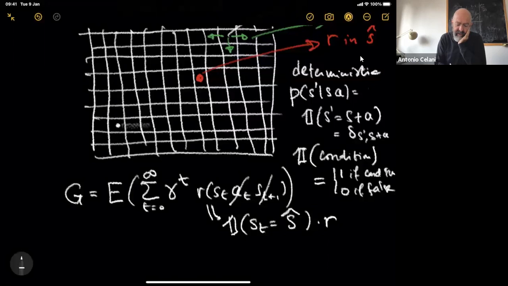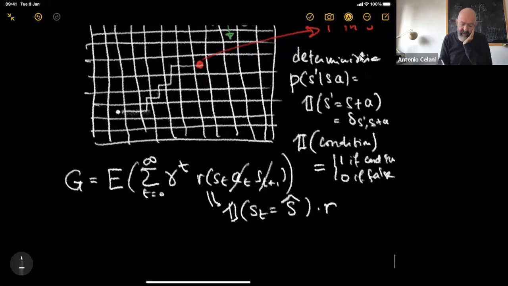So if I take this path here, suppose that sometimes I produce this path. What is the value here? Well, it's just the number of steps I take to get there.